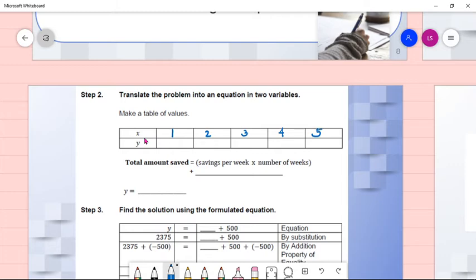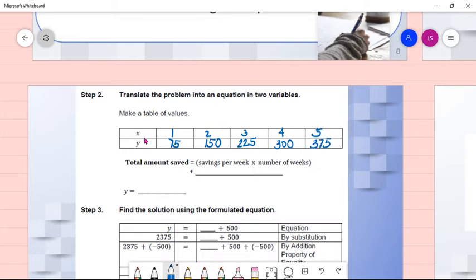For the first week, what you put is 75 pesos. For the second week, it becomes 150. For the third week, 225. For the fourth week, 300. And the fifth week is 375.